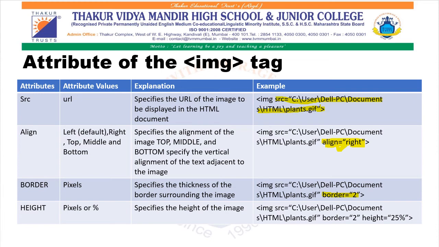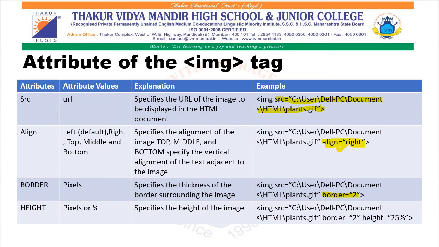As you can see in the example, image src equals C user, you can see the path of the GIF, and border equals 2, which is written in double inverted commas. This means the border around the image will be 2 pixels thick.